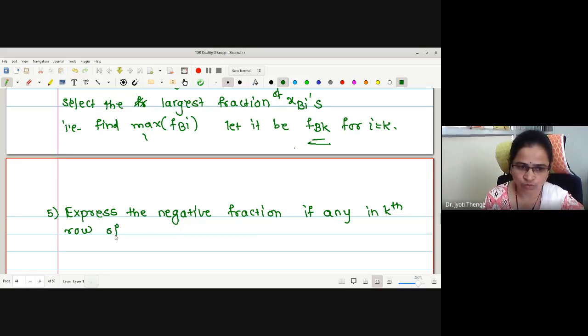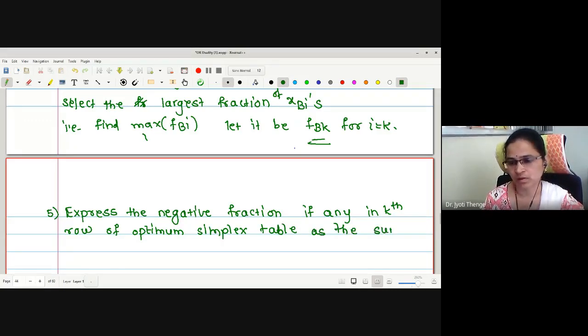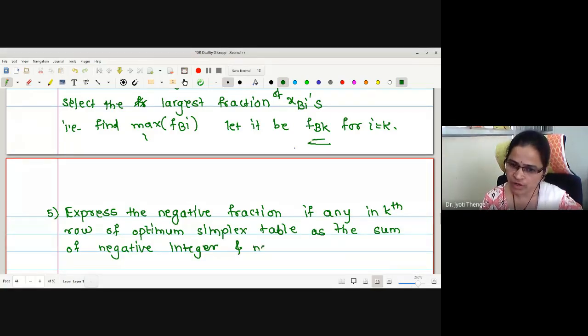Express the kth row of the optimum simplex table as the sum of a negative integer and a non-negative fraction.